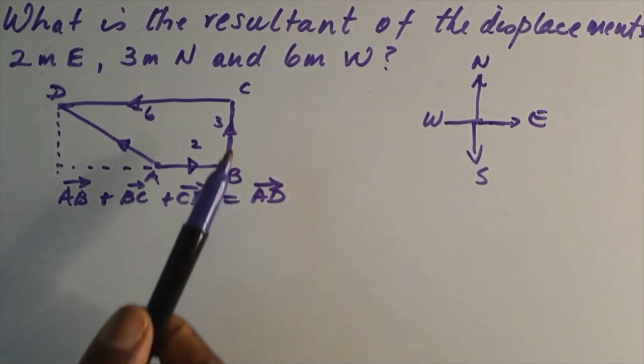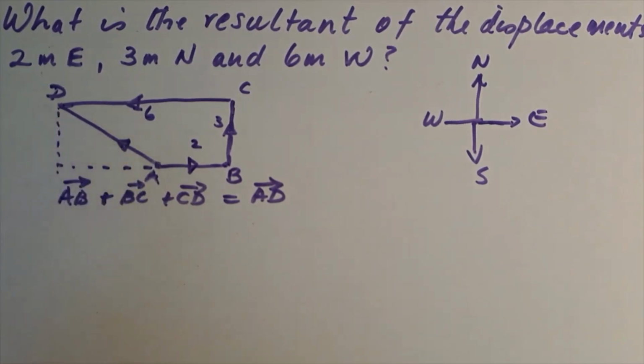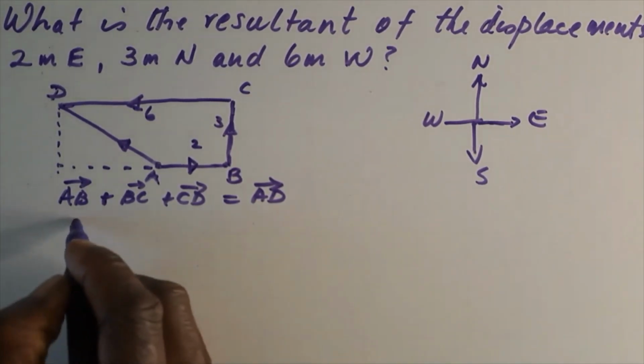So these go anti-clockwise, and AD is going in the clockwise direction, which is the resultant of AB add BC add CD.